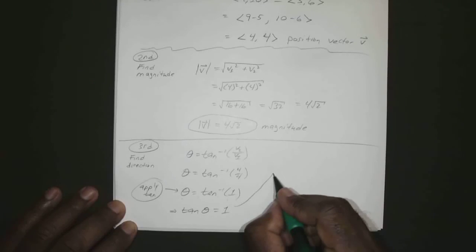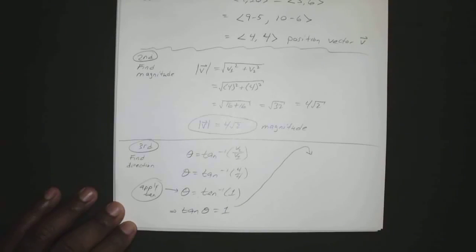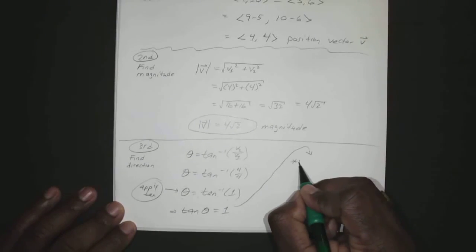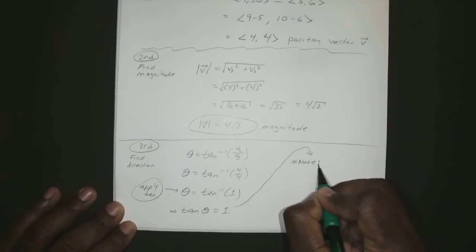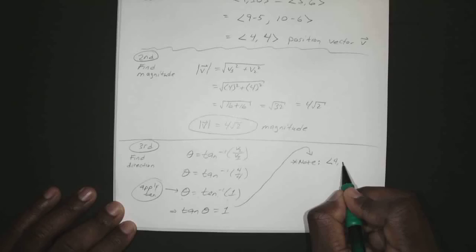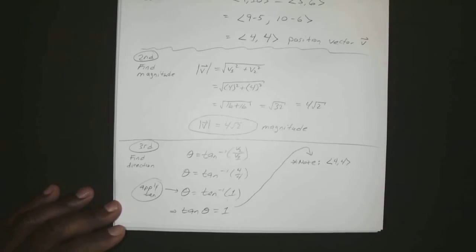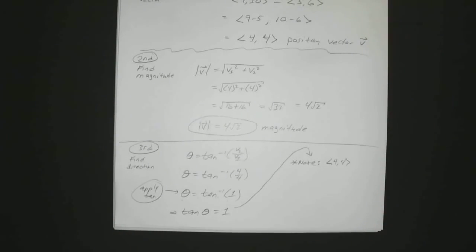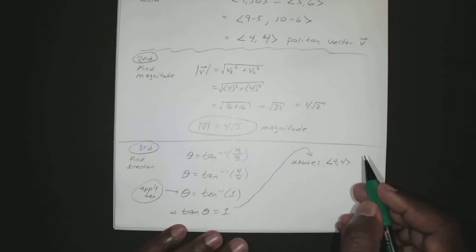Now, the one thing you want to remember, that our position vector, that's in quadrant 1. So you measure that position vector the same way you would with a regular XY coordinate.